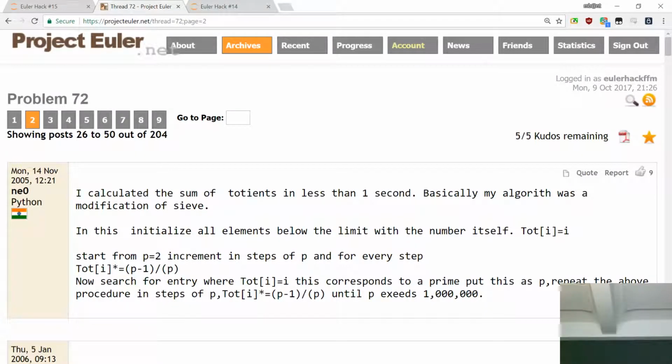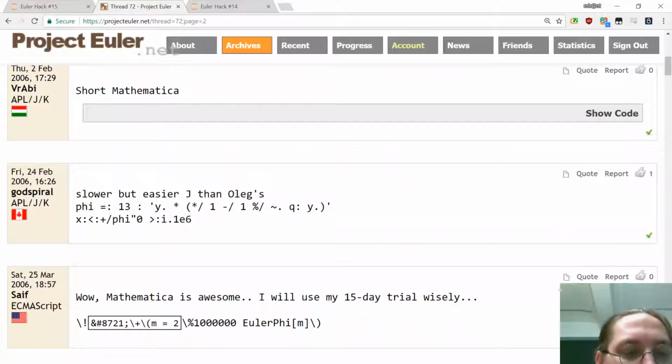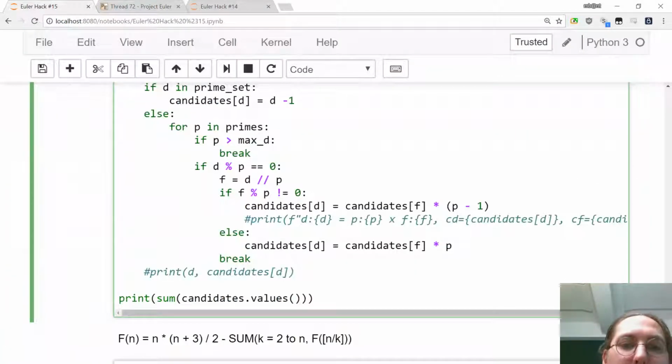Yeah, of course, that's why I said GCD is equal to 1. Well, that's just restating the problem. So the candidates array is also an array of totients. Yeah, okay, fill it in with totients and save it.